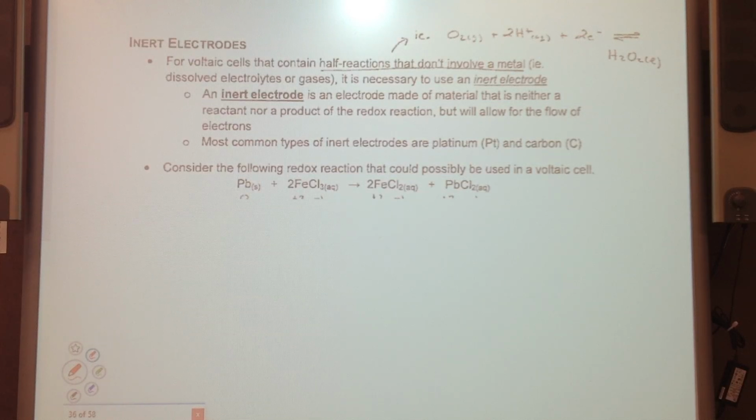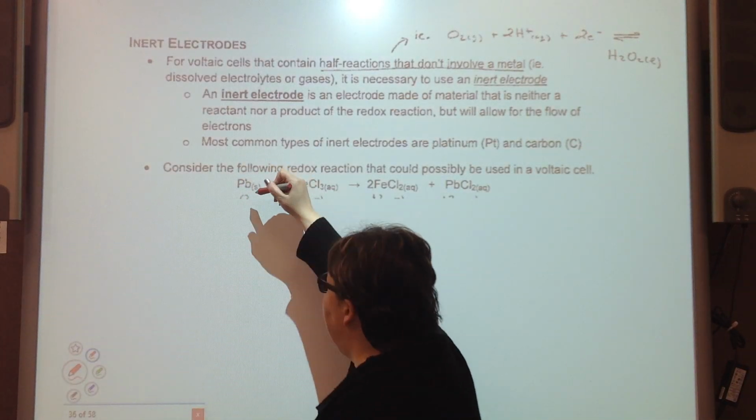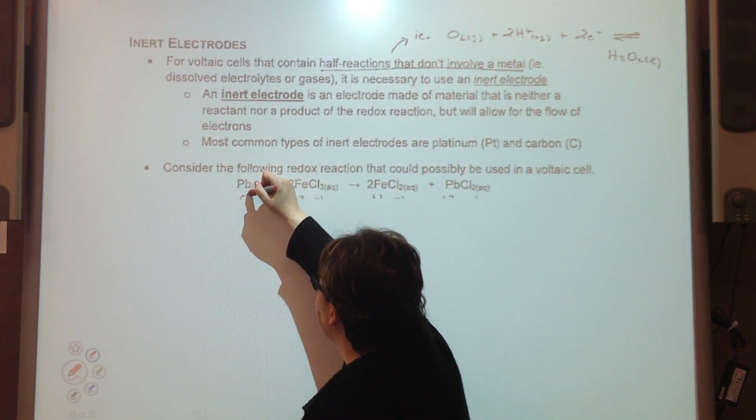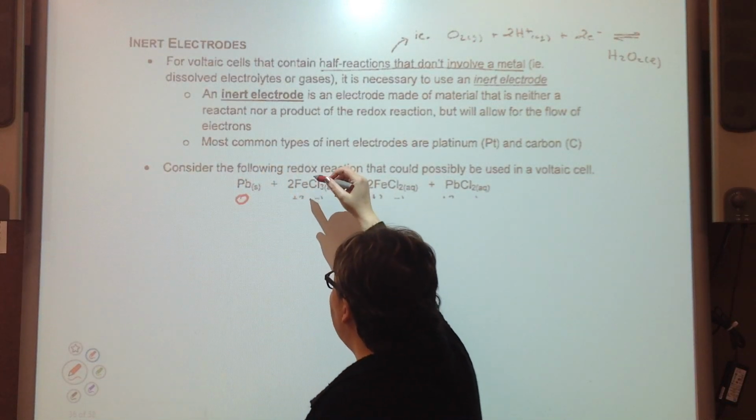So here's lead with 2 iron 3 chlorides, gives us 2 iron 2 chlorides and lead 2 chloride. So we have to go all the way back to the basics. What is the oxidation number on lead? 0. Iron 3 plus?